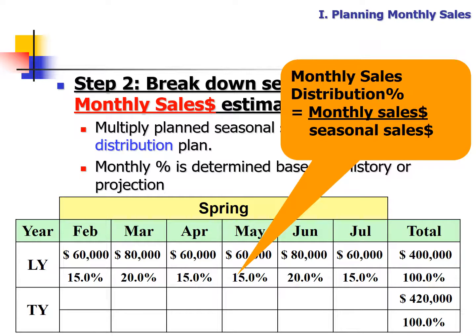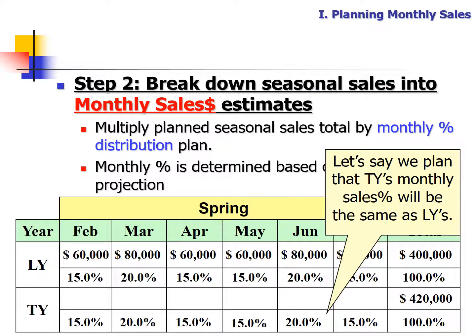Again, be reminded that this monthly percent distribution number, the sales percent, was calculated by dividing the monthly sales dollar by the total seasonal sales dollar of last year.